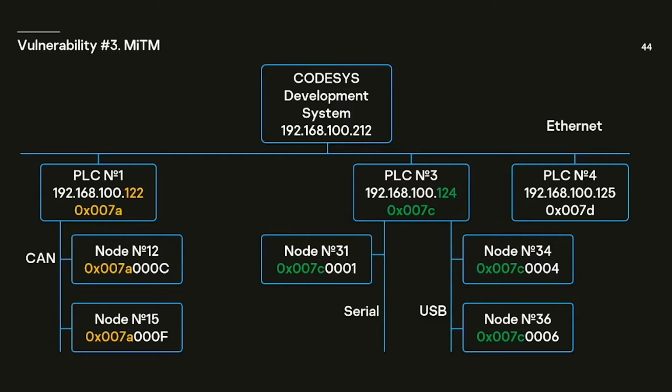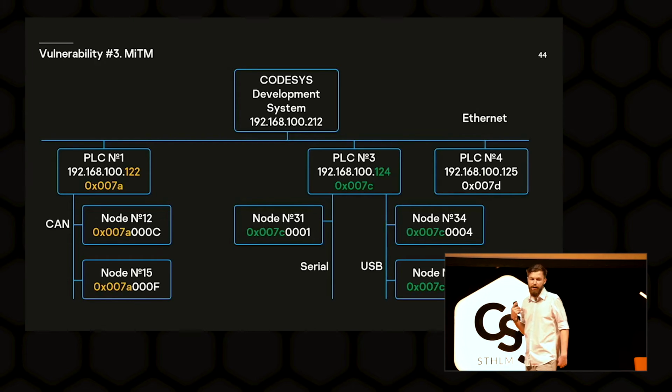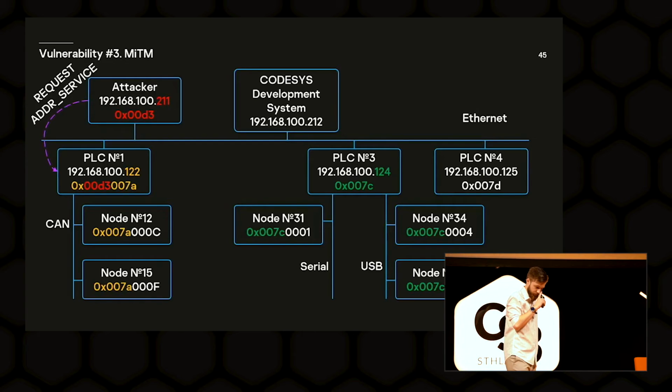And the next vulnerability, we found, is a MITM by design. As I said before, the network topology of CODESYS nodes is a tree topology, and we tried to find a mechanism or functionality similar to the IRP table. And here's what we found.